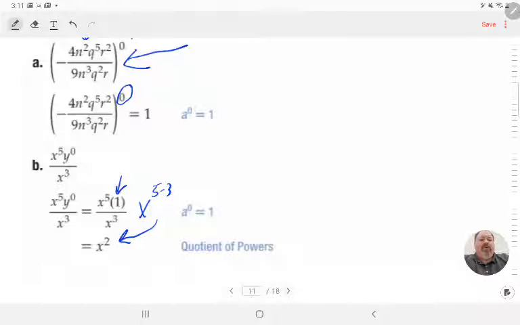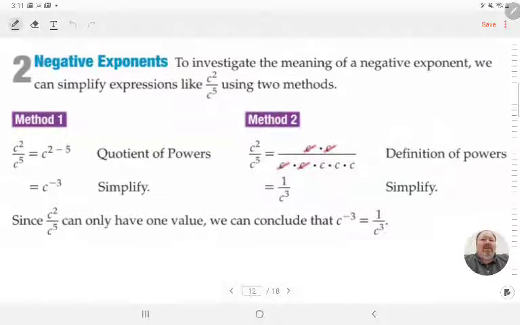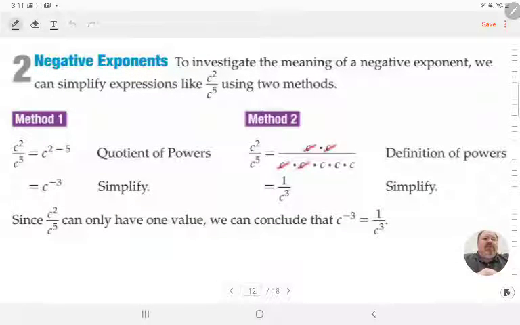Okay? All right, let's talk about negative exponents. So to investigate the meaning of a negative exponent, we can simplify expressions like c squared over c to the 5th power using two methods. First, we can simply subtract the exponents. So c squared over c to the 5th, that would be 2 minus 5, which would give me c to the negative 3rd exponent.